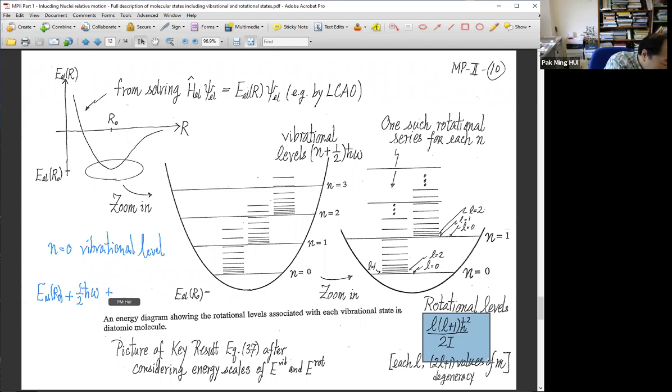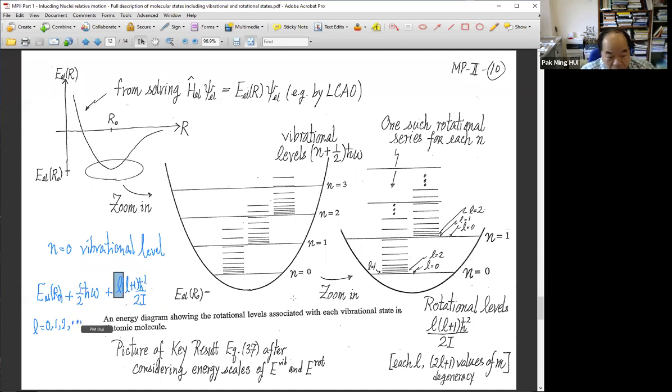However, you still have this L times L plus 1 h bar square over 2i, okay? So look at this. The first term is this number, minimum. The second term referring to the ground state of the vibration, so I'm living here. But even so, we have to address what is L, okay? And we know that L, YLM theta phi, okay? L can be 0, so-called S state, P state, D state, etc.